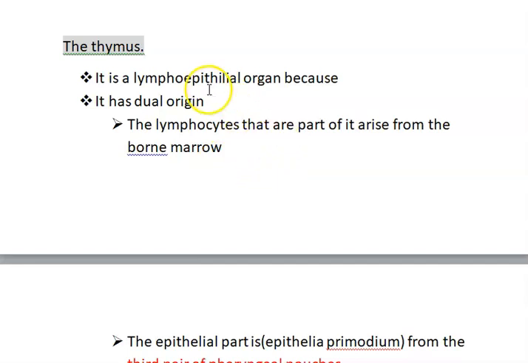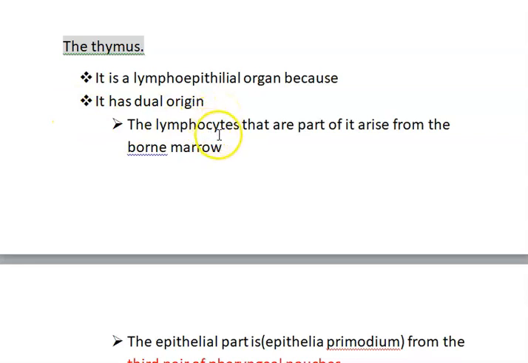It is interesting to remember that the lympho part has its own origin, a different origin, while the epithelial primordium also has its own origin. Then the two come and make a single organ that we call the thymus. Because of that, our thymus has dual origin.